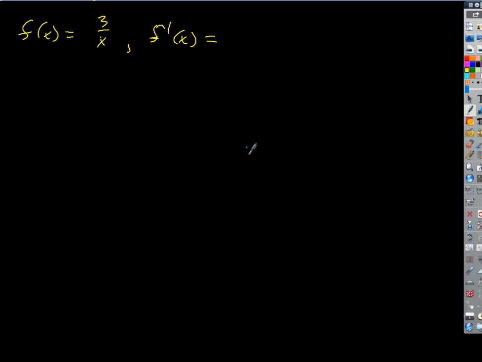That is just a kind of a tricky application of the power rule. I want you to show me how though. Here's our power rule.